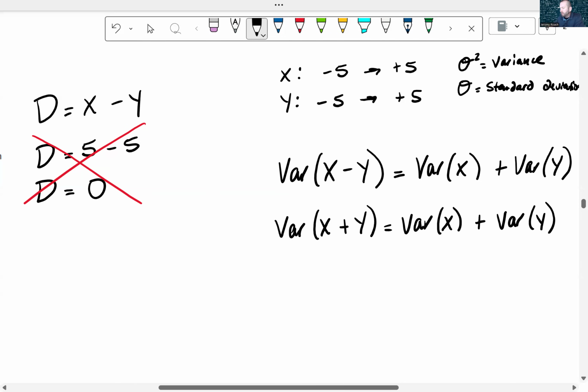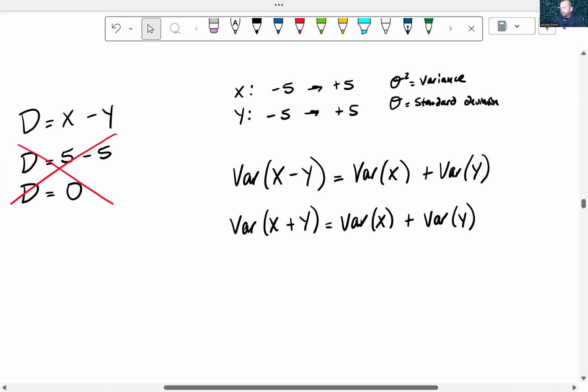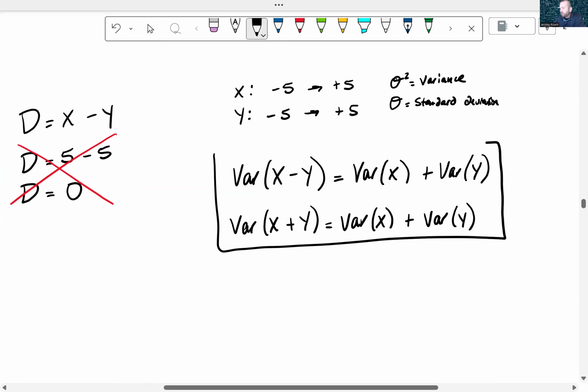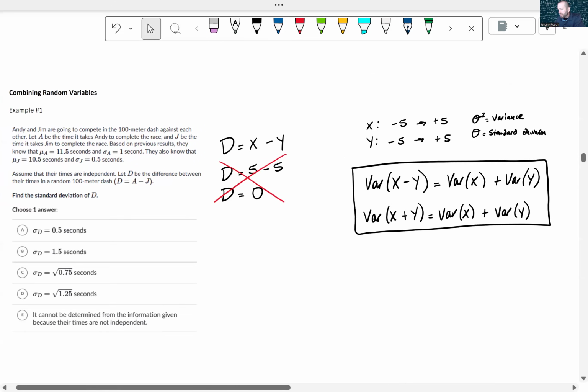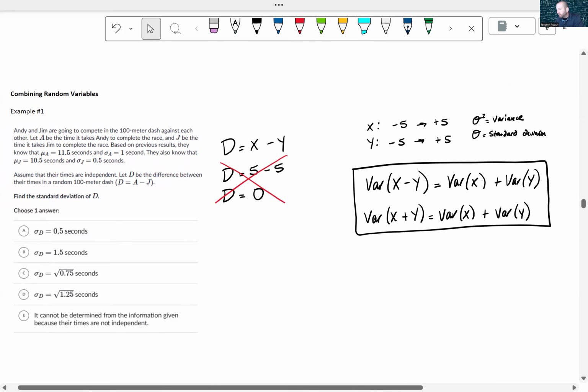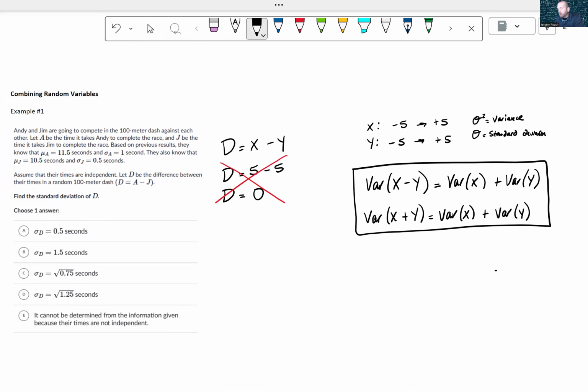So both of these equations are the equations that we're going to use for this section on combining random variables. All right, so that's a side note so that we can look at why we're using these equations and why we're not just subtracting the standard deviation, because we can't just subtract the standard deviation.